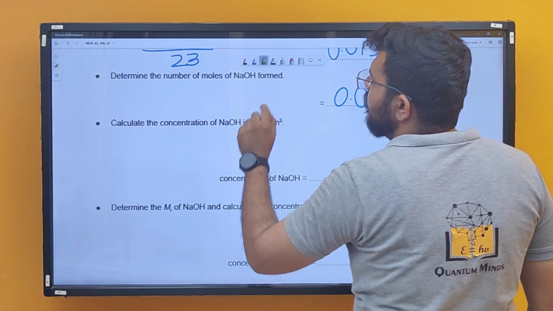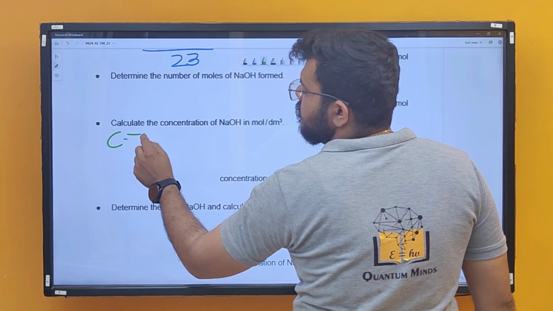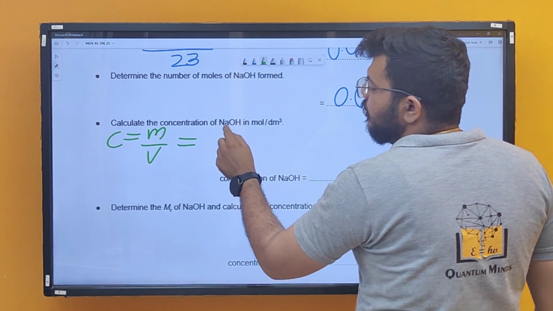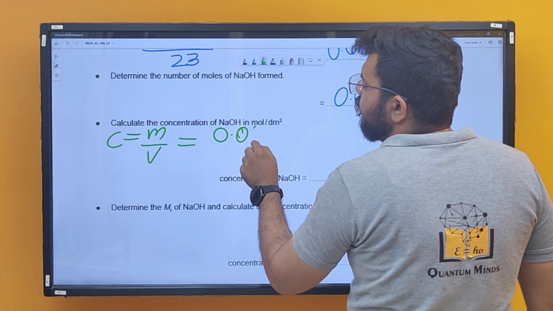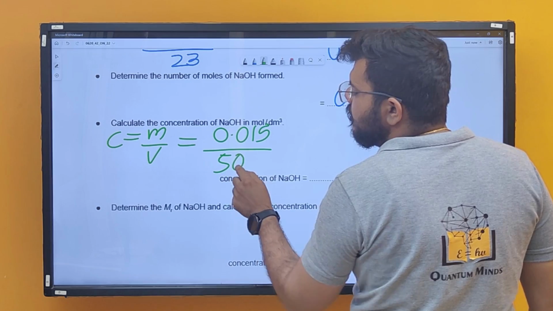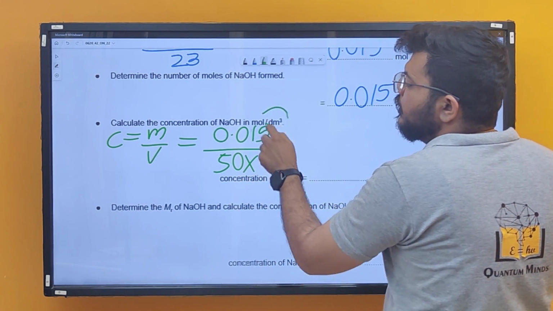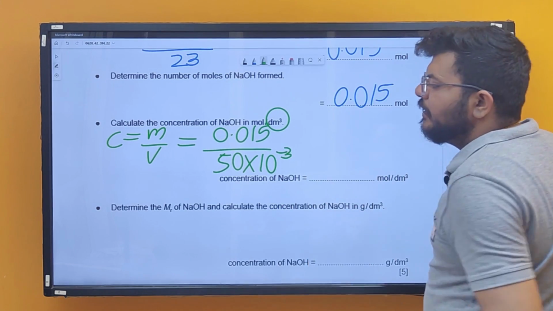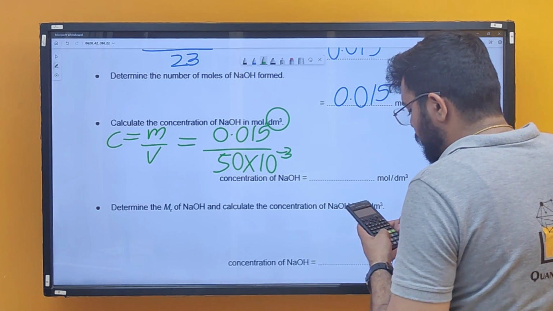Okay, so I will need concentration is equal to mole upon volume. You can write n here, 0.015 upon volume we have taken, which is 50 centimeter cube. Now they want it in dm cube, so I will change it to dm cube by multiplying by 10 to the power minus 3.